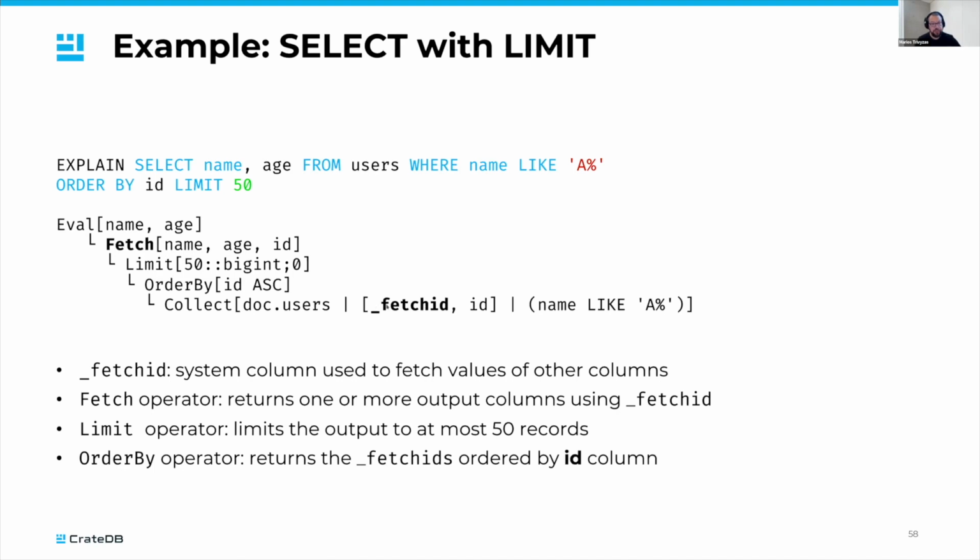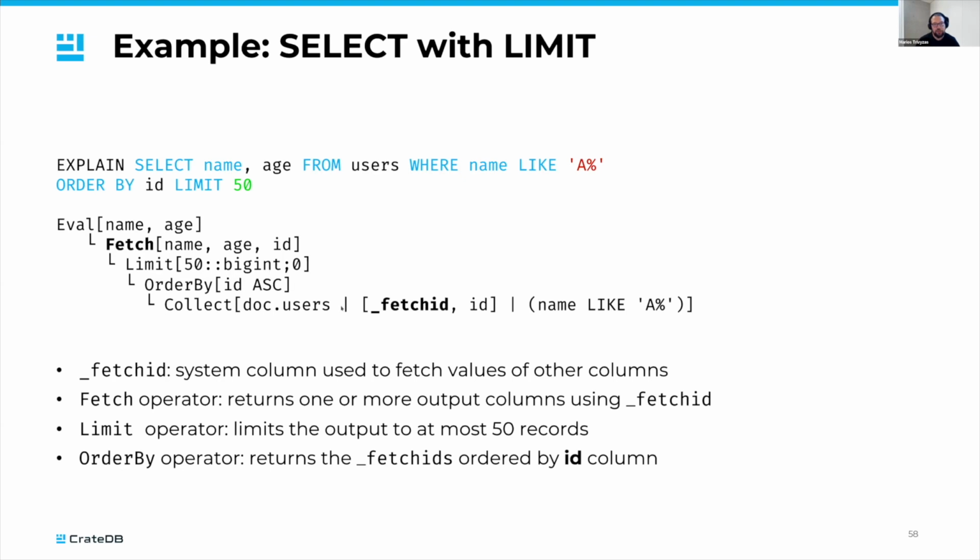So this fetch ID is a system column, it's internal, and we use it because we don't want to fetch all the columns available before applying any other operators. In this case, the operator we want to apply is limit. So we don't want to fetch lots of data. Imagine that the table could have 100 columns. We don't want to fetch 100 columns and then apply the limit operator.